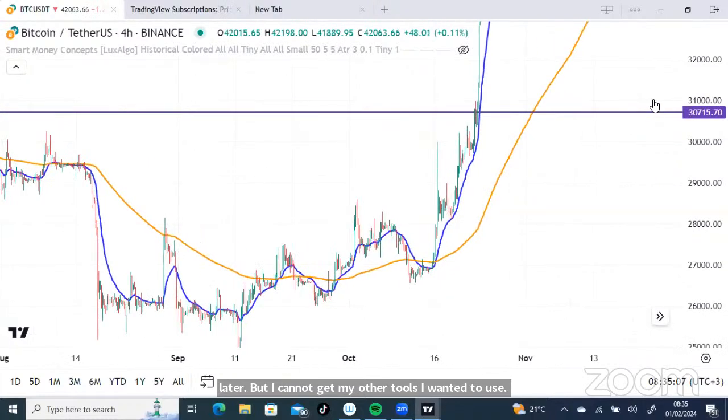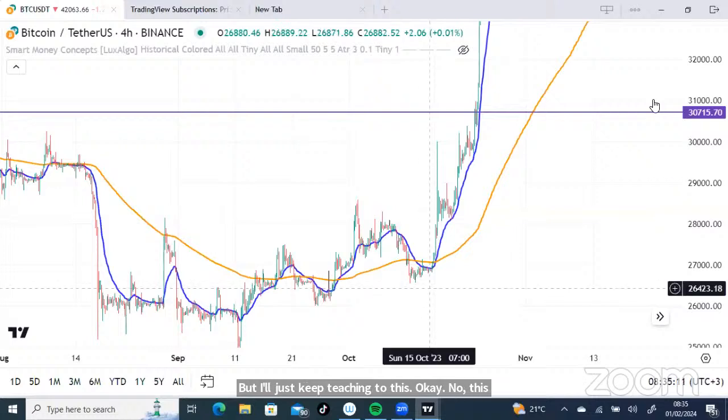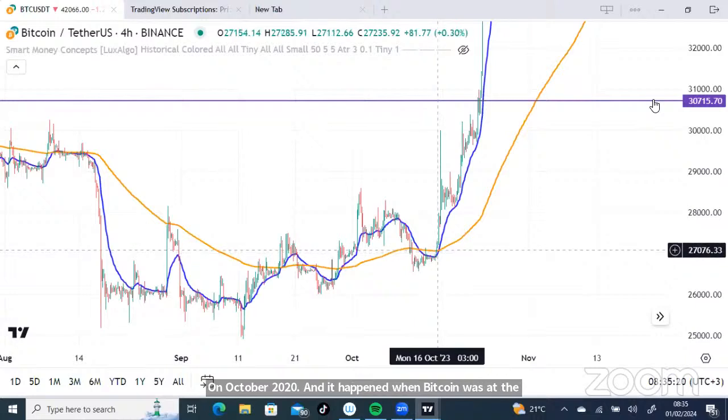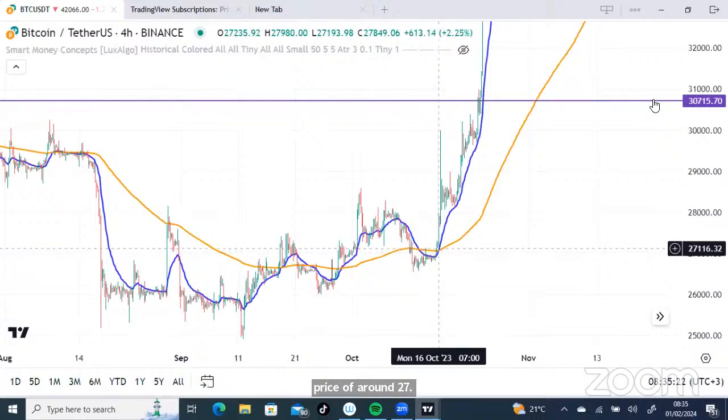Okay. Now, this crossover happened here in October 2023, when Bitcoin was at a price of around 27,000.